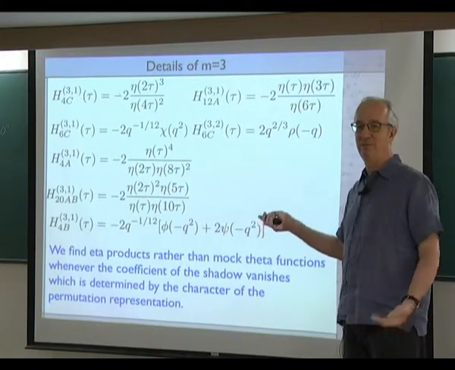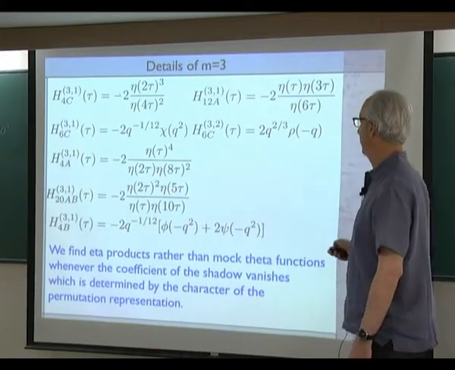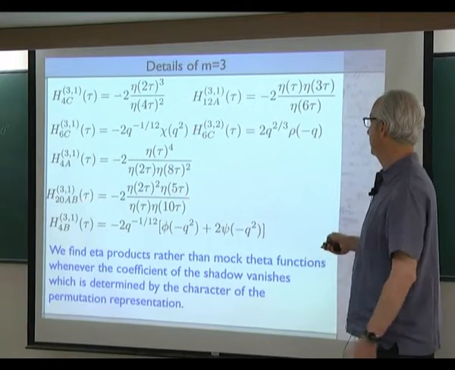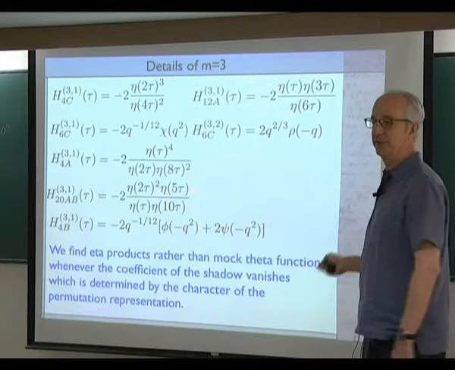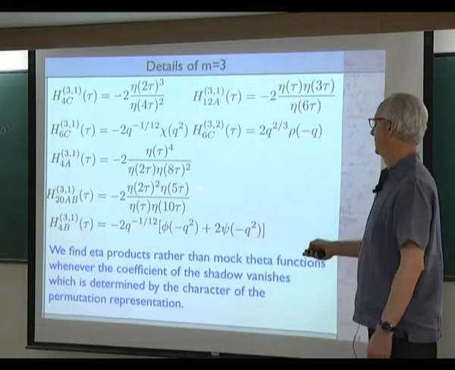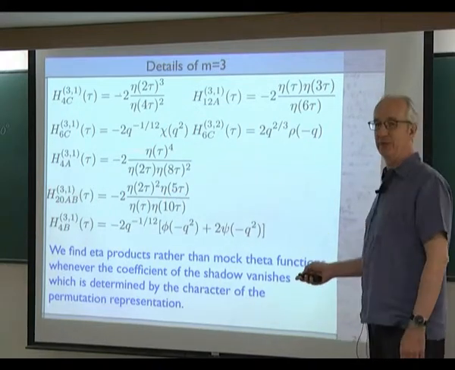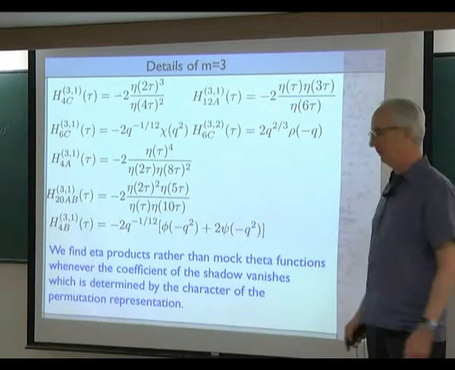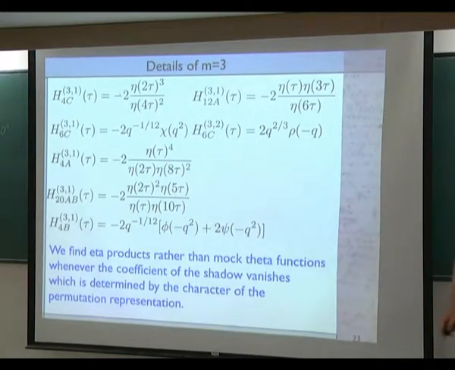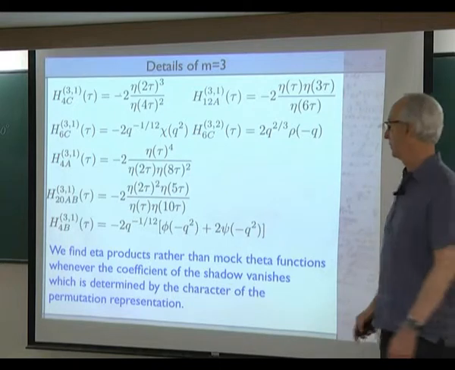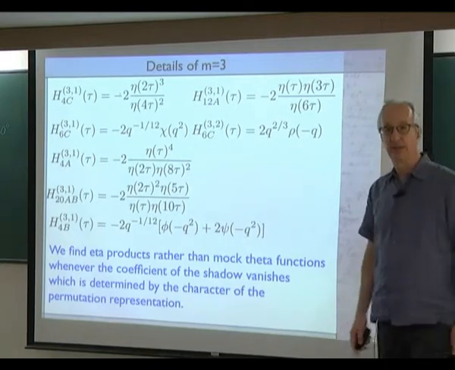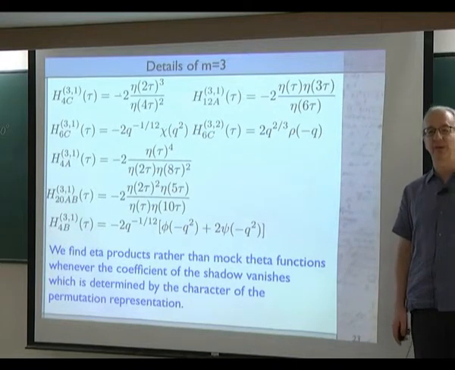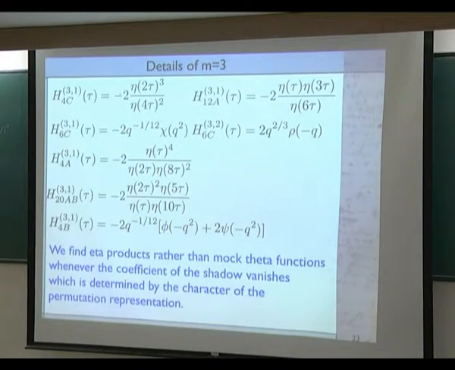And you can check that, in fact, you do get things that are modular, that are these ratios of eta functions, which are modular of weight a half for various congruence subgroups that are linked to the order of the element that you're twisting by. Because that's exactly where the massless character disappears.